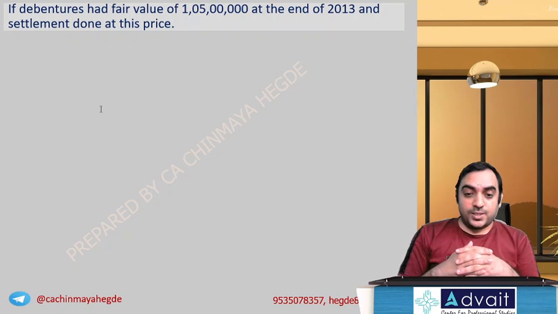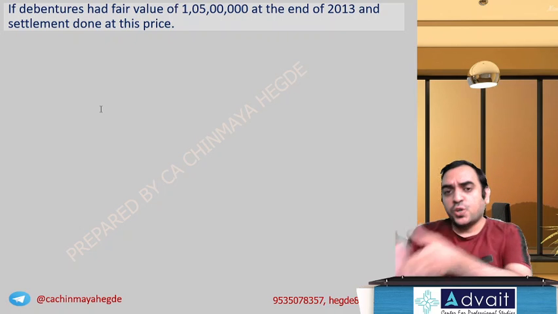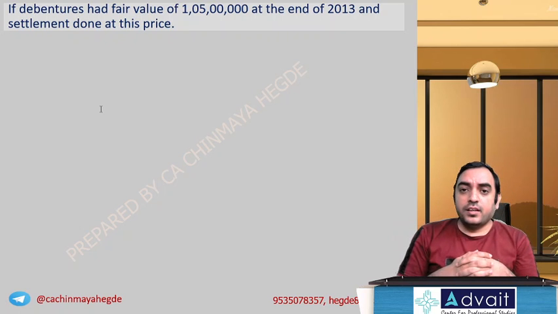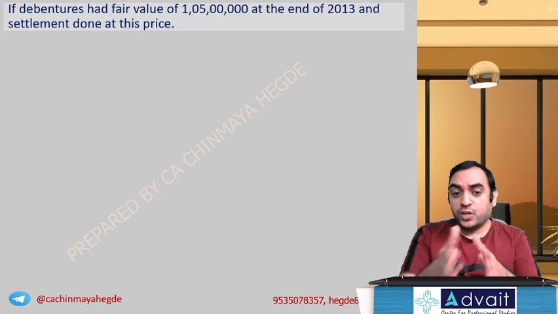Early settlement. It was supposed to be settled at the end of 2014 either by cash or by equity shares. Now it is settled earlier. What is going to be the impact is what we are going to discuss now.